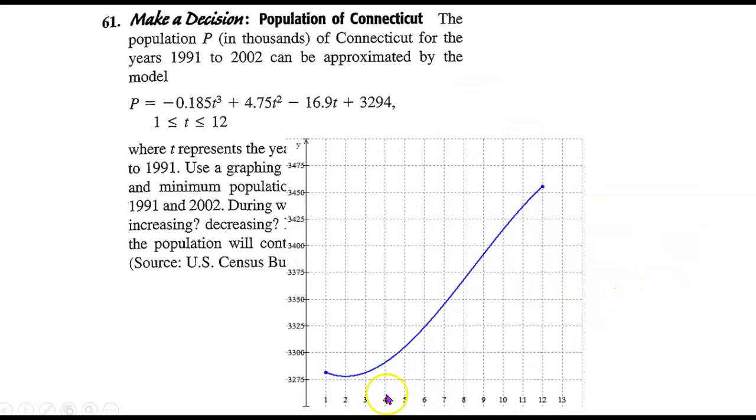So looking at the graph for the t values from 1 to 12, we can see that during most of that time, the population was going up. It started by going down just a little bit from 1991 to 92, but then it came back up and it went way up after that.